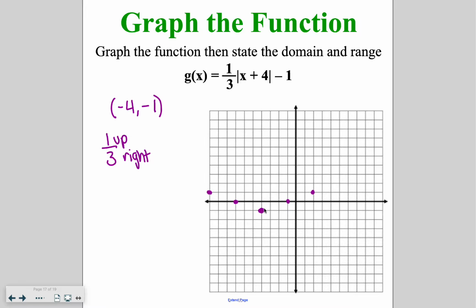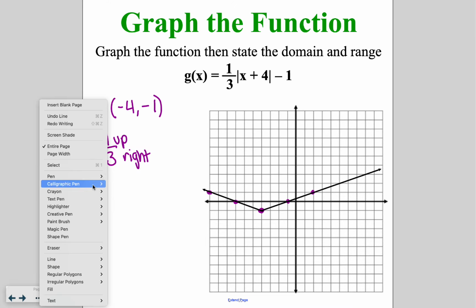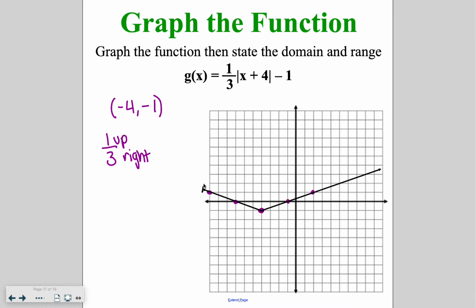Once again, you want to connect your dots with a straight arrow going all the way through the end of your graph to both the right and the left. And you want to make sure you are putting your arrows on the end to say that those lines keep going.